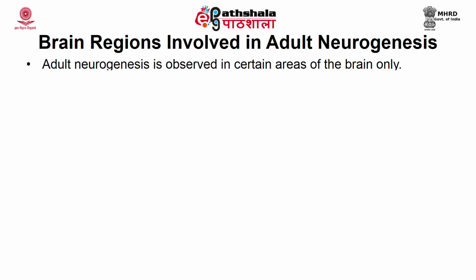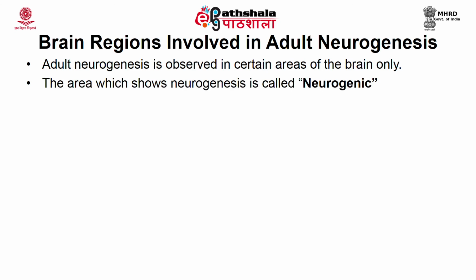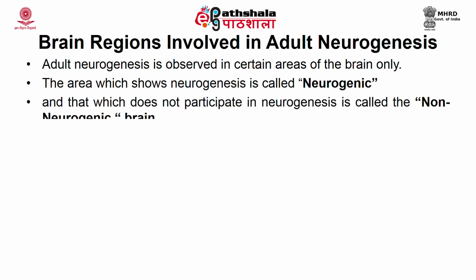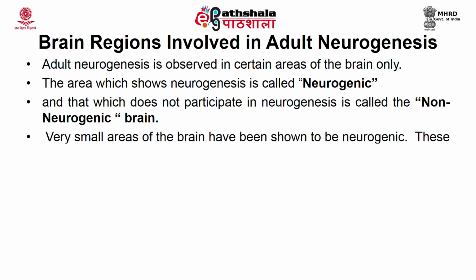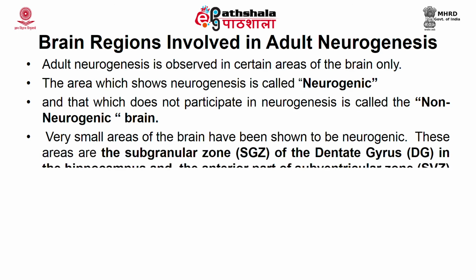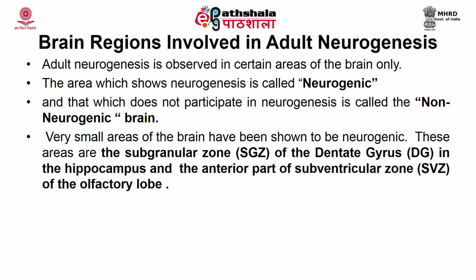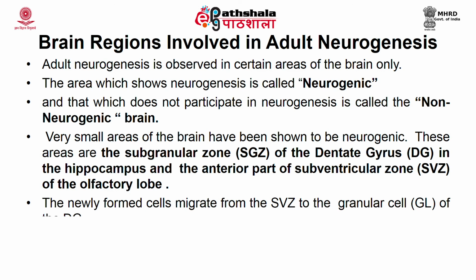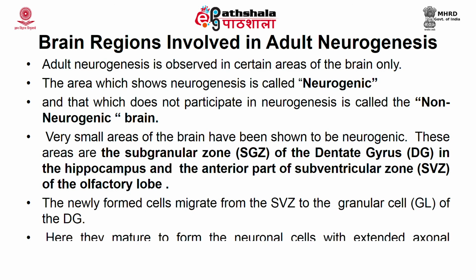To get into the details, the subgranular zone of the hippocampus and the anterior part of the subventricular zone of the olfactory lobe are the ones which show neurogenesis.